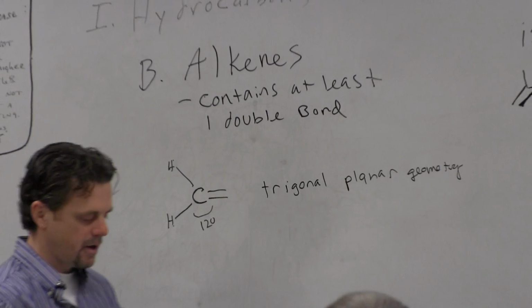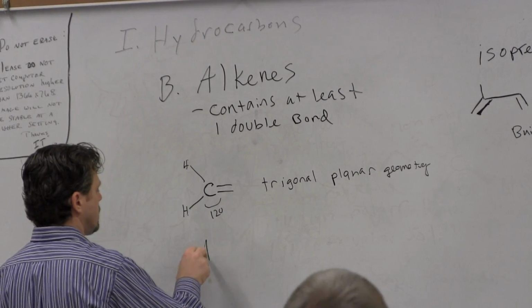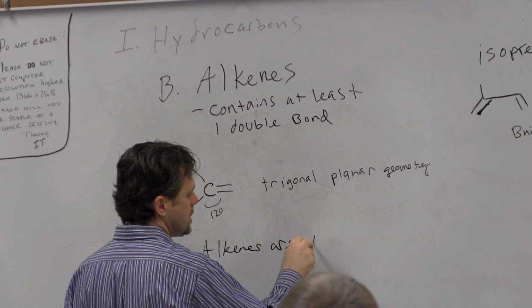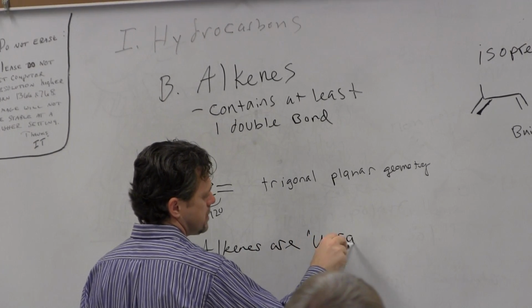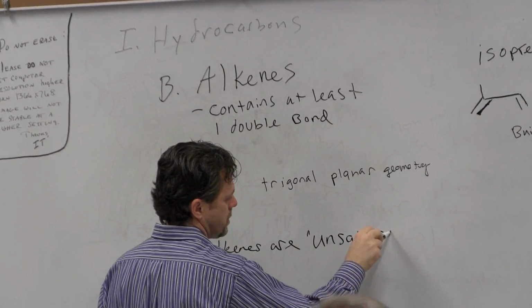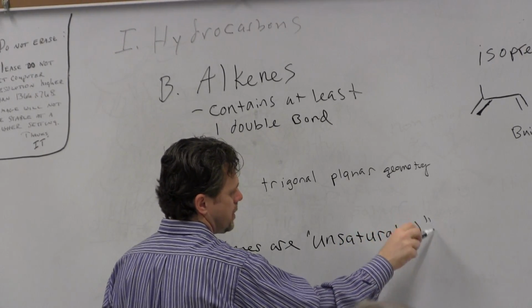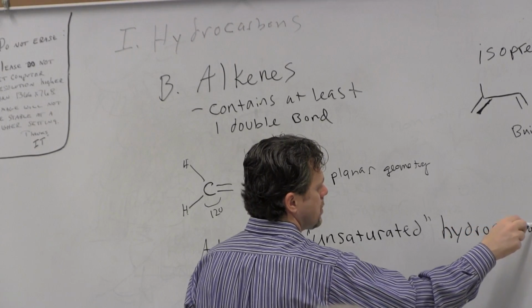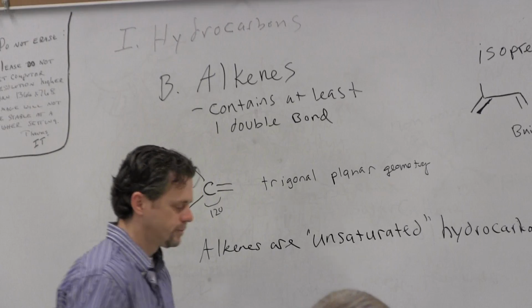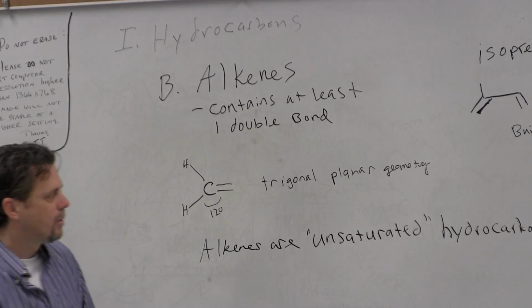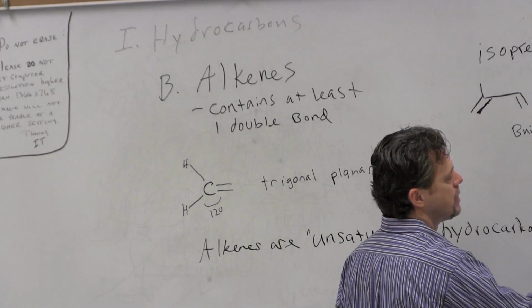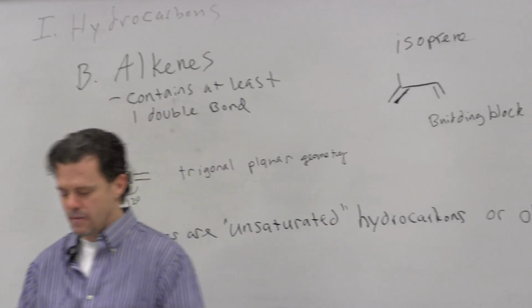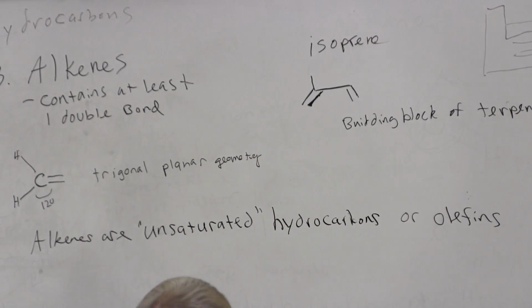Alkenes are what we call unsaturated hydrocarbons, also known as olefins, sort of the older terminology.